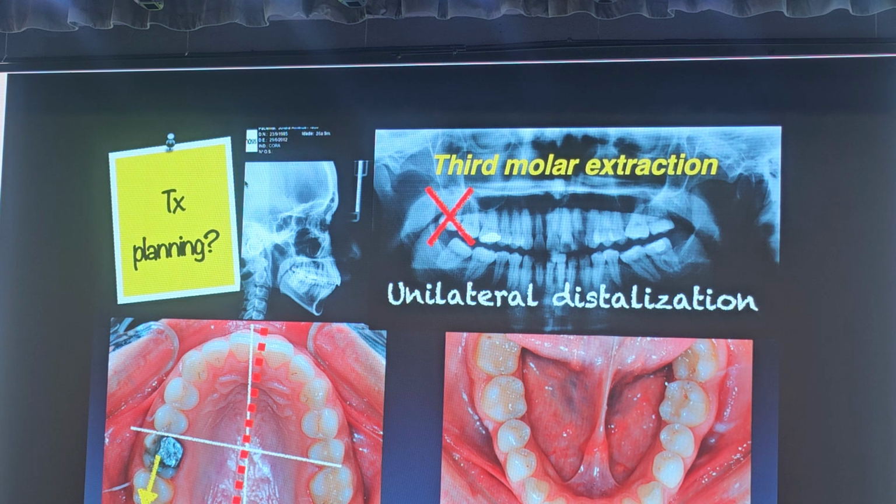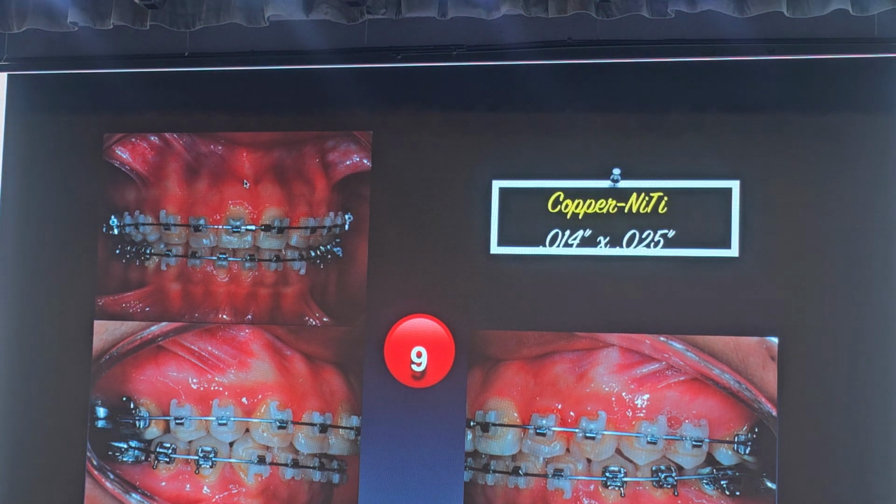So treatment planning, we are going to do unilateral displacement in this patient. 9 means it's the 9th month. And the protocol we are using in this one is copper nitride.